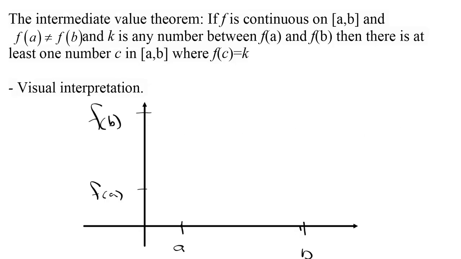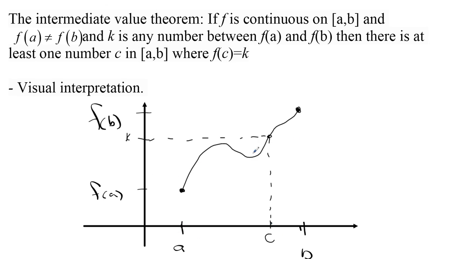Okay, the intermediate value theorem is a fairly straightforward one. Basically it says this: if you have a function that is continuous from A to B, so over some interval A to B, and there are no breaks, no discontinuities there, it doesn't matter how I draw this curve, every value has to exist between f of A and f of B. So any value K that I pick, there has to be some value C in between A and B such that f of C is equal to K. And that's all that means.